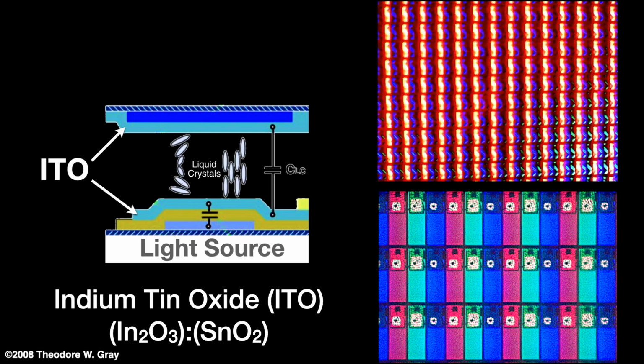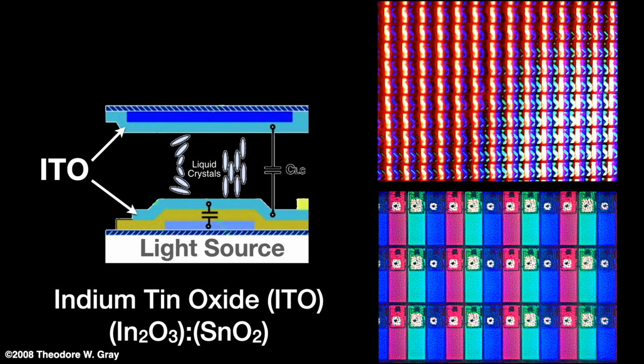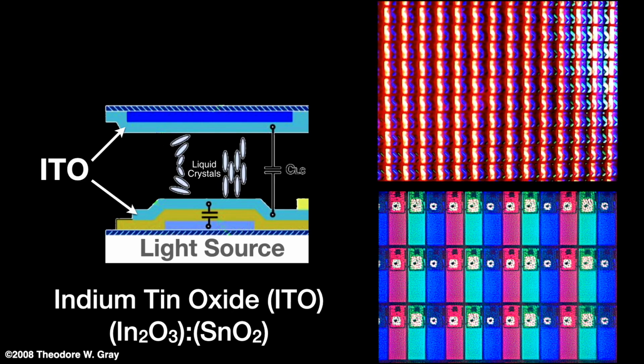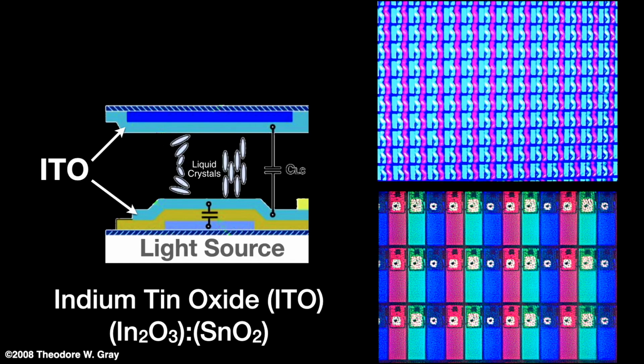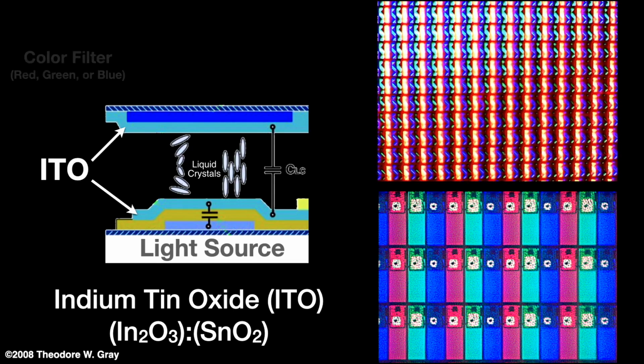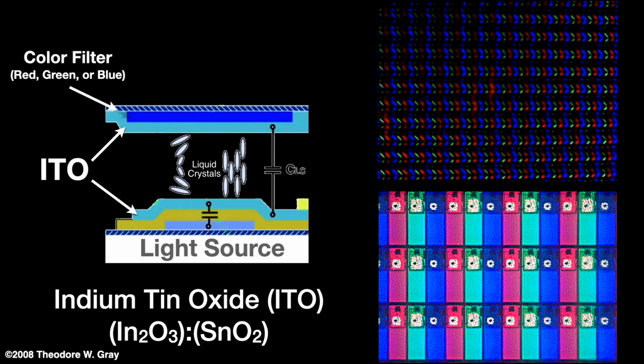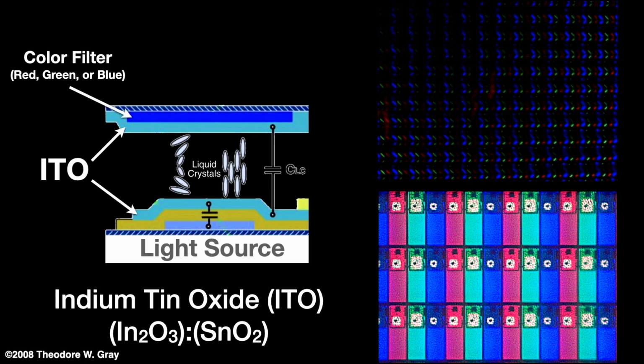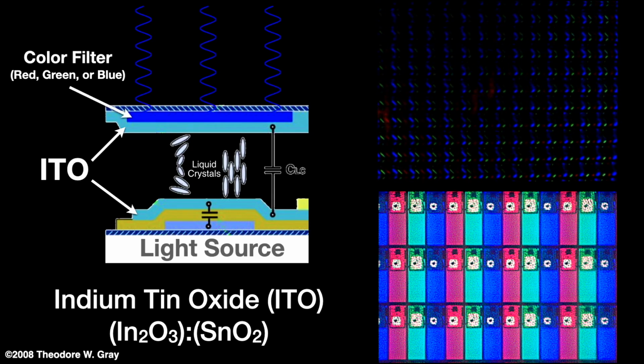Normal conductors, like copper and aluminum, are opaque and would block the light. Indium tin oxide is both conductive and transparent, so it's a natural for this application, allowing the light to pass through the liquid crystals and then through the red, green, or in this case, blue colored filter in front to get to us.